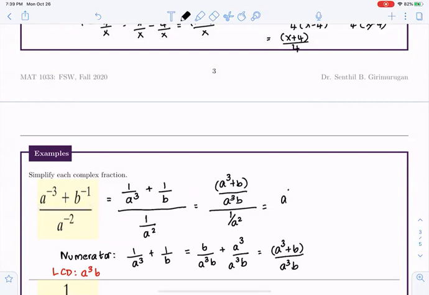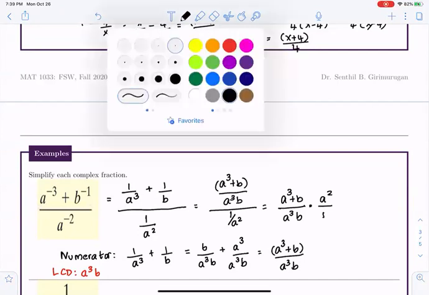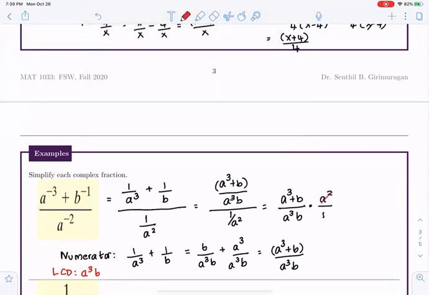So a cubed plus b divided by a cubed times b times a squared over 1. Here we could get rid of the a squared and the a cubed, leaving a behind, which would give us a cubed plus b divided by b as the final answer.